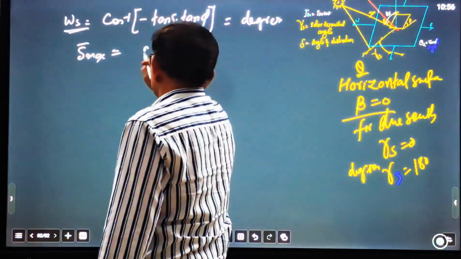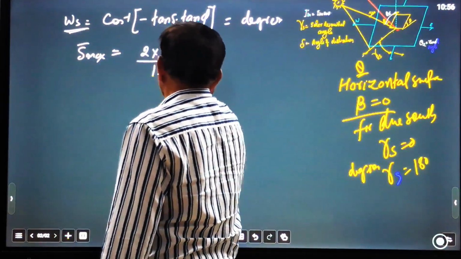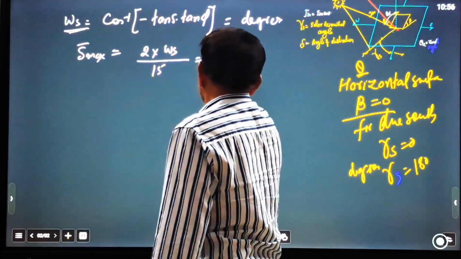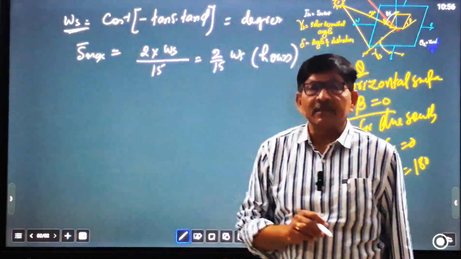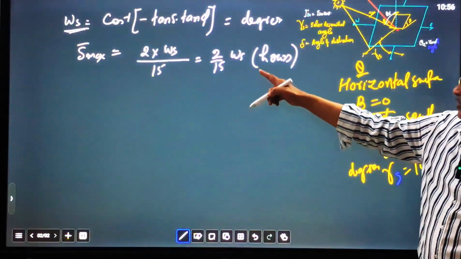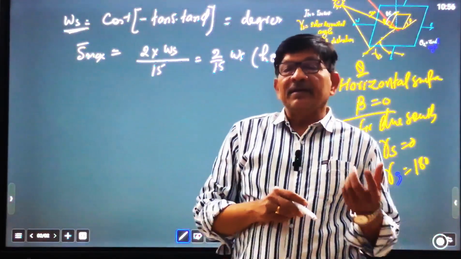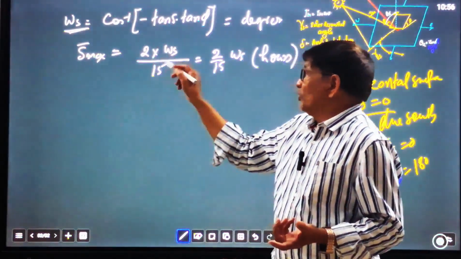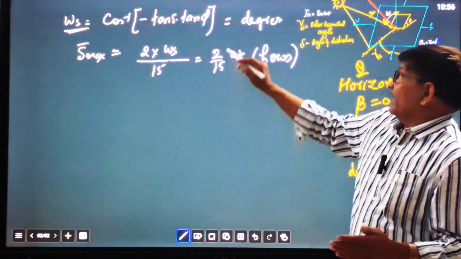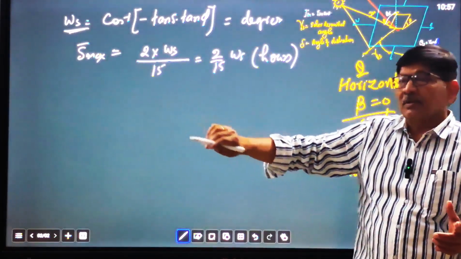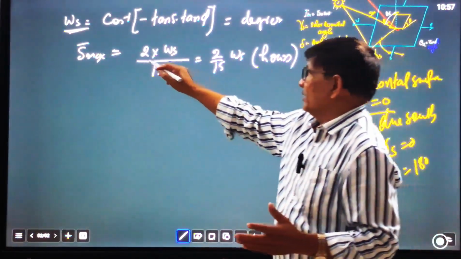So S maximum equal to 2 into omega s upon 15, and just you get hours. So the maximum possible sunshine hour is S maximum equal to 2 by 15 omega s. We divide by 15 because 15 degrees equal 1 hour, and 2 into omega s means morning to noon and noon to evening, since omega s was calculated only from morning to noon.